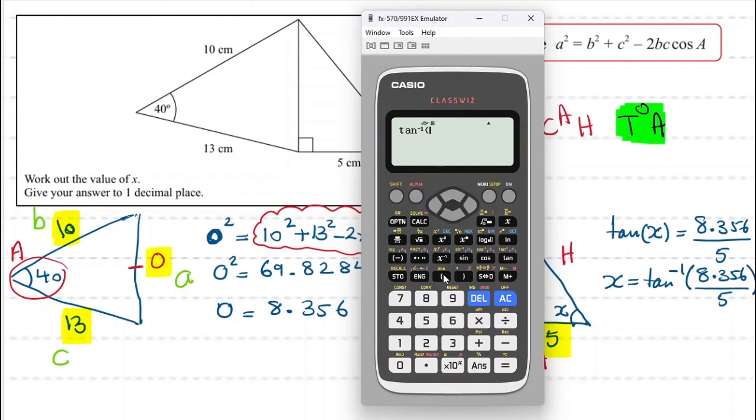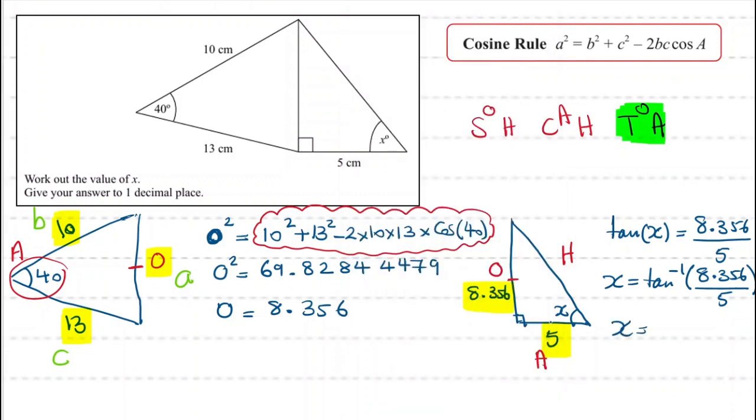And in brackets, we type in 8.356 over 5. And we close brackets, and then we press equal. That gives us 59.10... But the question wants the answer to be given in one decimal place. Therefore, we write x equals 59.1 degrees to one decimal place.